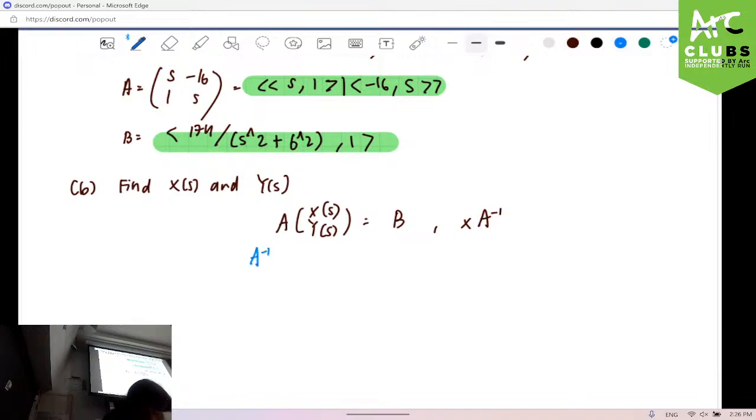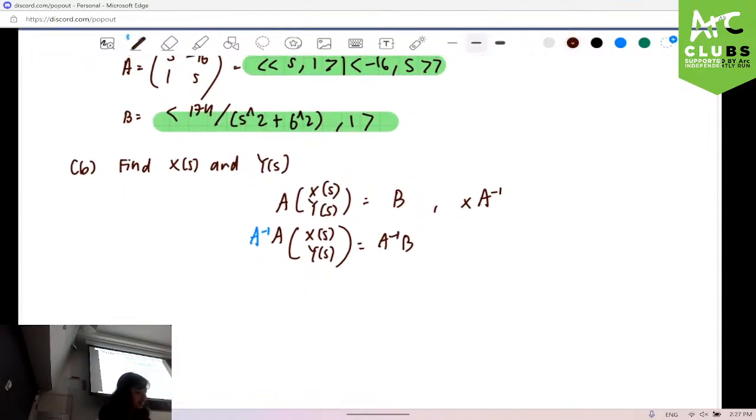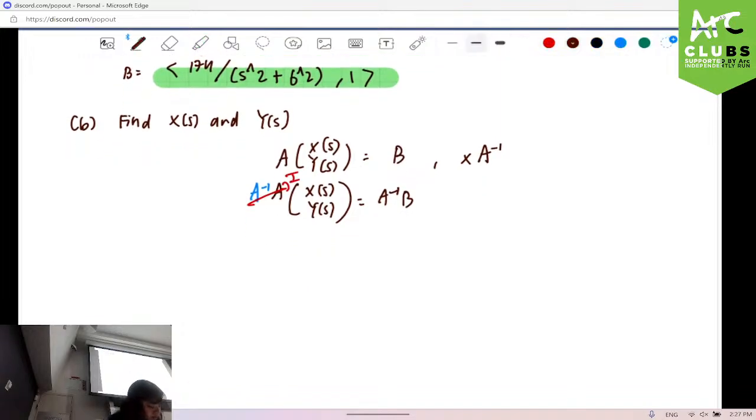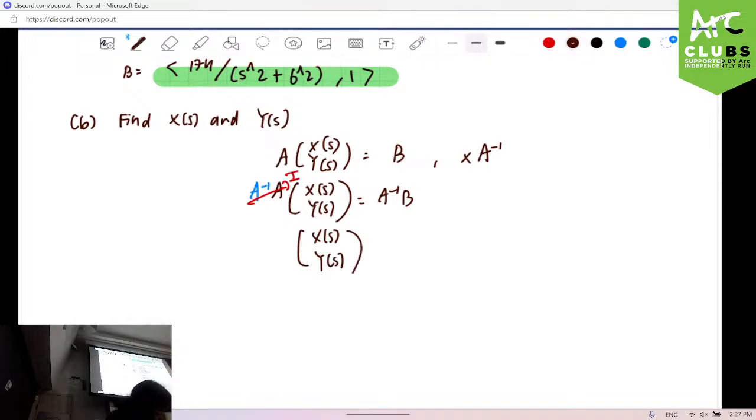So A minus 1, A X(s) equals A minus 1 B. Oh, look, A minus 1 and A. That's just the identity matrix. So it's just 1 by 1, so it cancels out nicely. So we get X(s) = A minus 1 B.